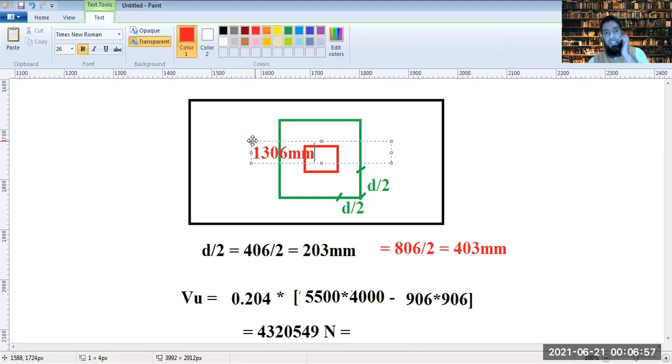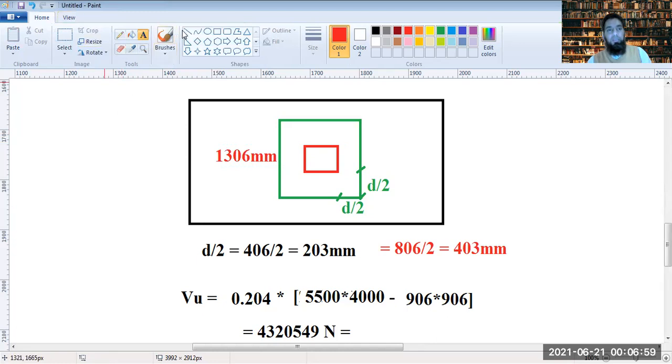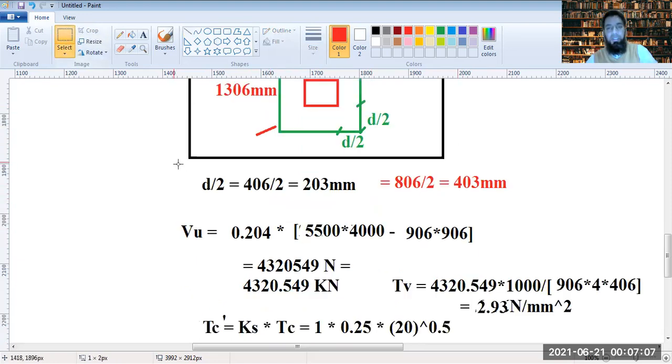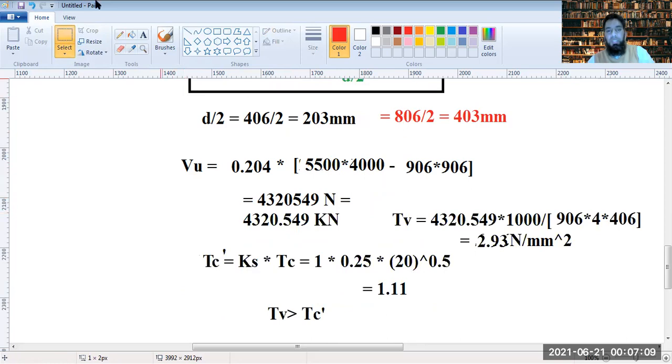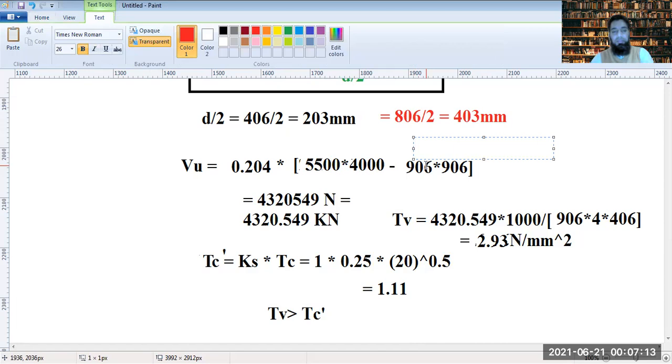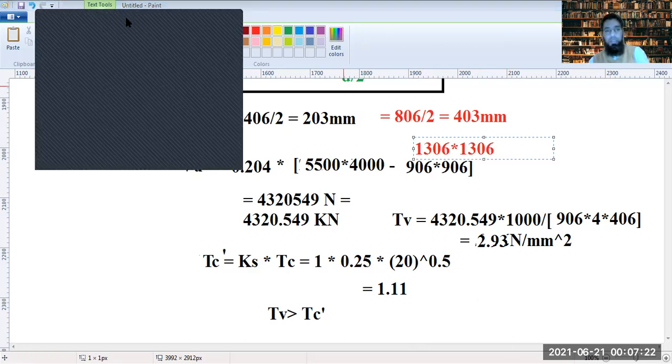This green line along both, right from here up till this point. Similarly, from here up till this point, it's 1306 each. So then you are getting this as 1306 cross 1306. So the value is coming out to be how much?